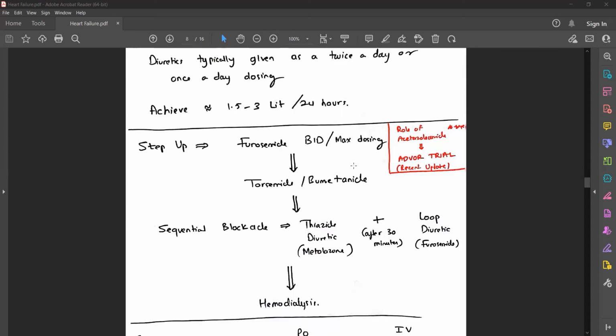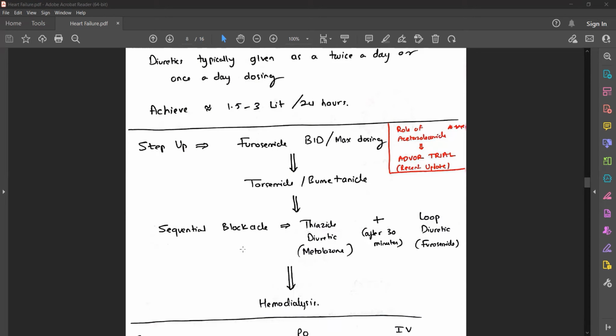You step up the diuretics, you start with torsemide or bumetanide, and you go to the max dose. If the patient is still not diuresing well, then you do something called sequential nephron blockade. That is, you give the thiazide diuretic metolazone first to block the distal convoluted tubule, and 30 minutes later you give the patient furosemide, and then you will achieve better diuresis.